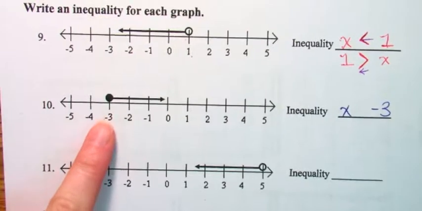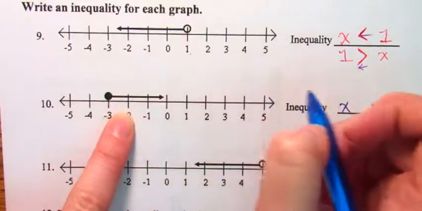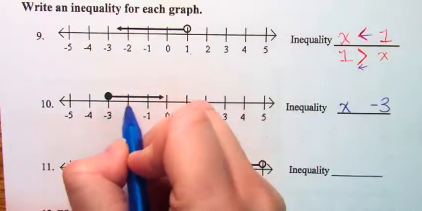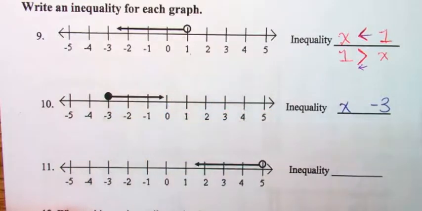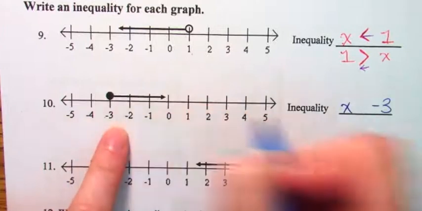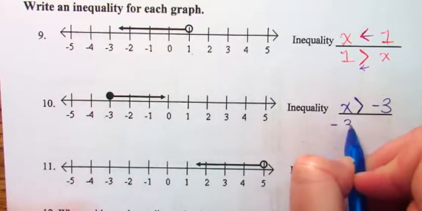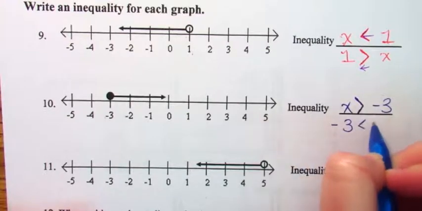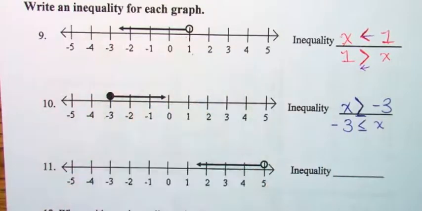Now let's think. Is -3 greater than or less than all of the numbers it's pointing to? The numbers are going to be greater than -3. Or if you did it the other way, you would say -3 is less than x. Ooh, but make sure we put that equal sign because it's a closed-in dot.